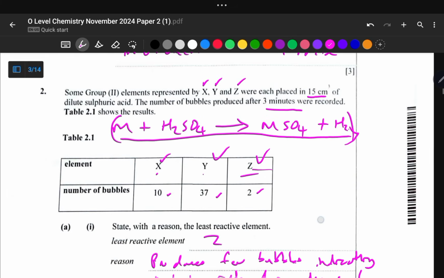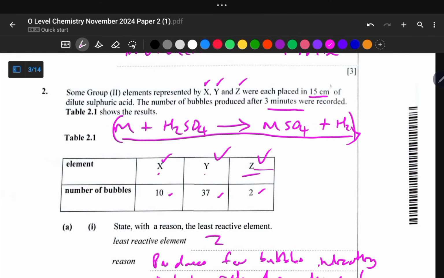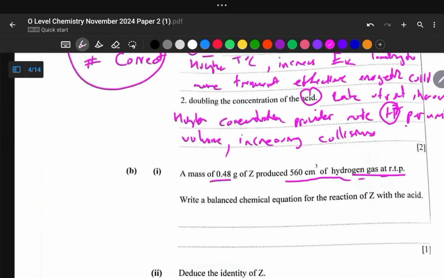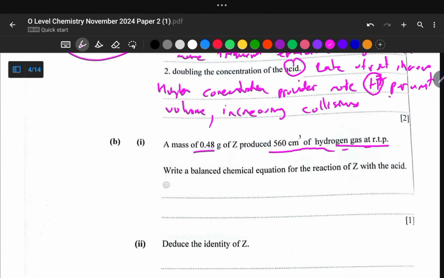Chemical equations are governed by the electronic configuration at the valence shell. So since they're in the same group 2, they have the same reaction but with different reactivities, right? So you need to take note of that. We are using Z. So it's Z plus dilute sulfuric acid to give Z sulfate plus hydrogen gas. So this is the equation, and then we have to balance the equation.